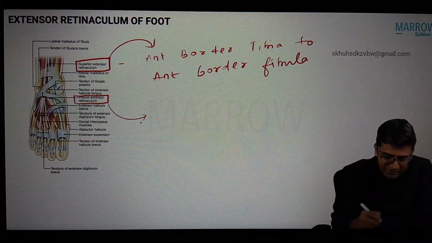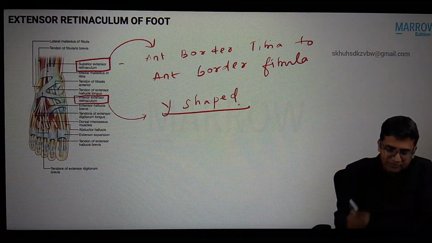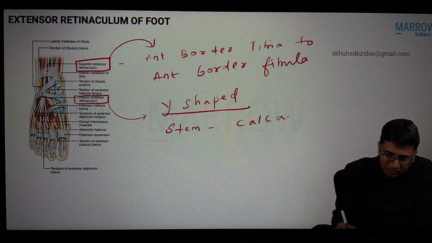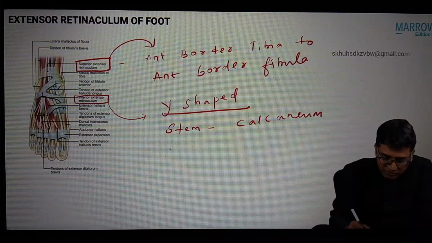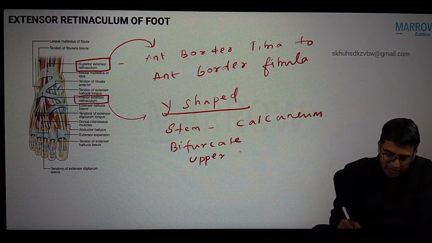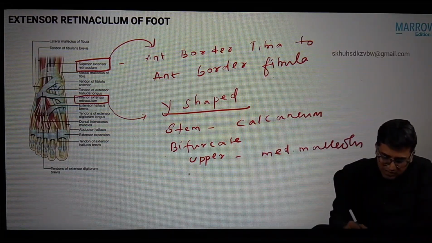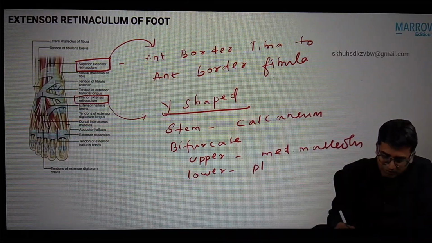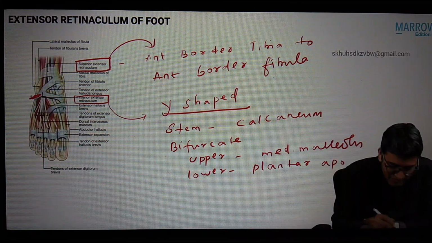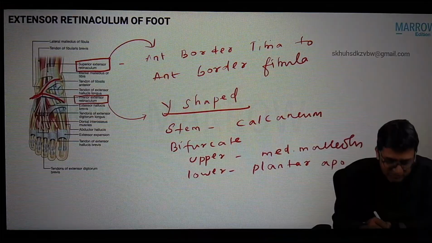Now, the inferior extensor retinaculum is a Y-shaped band. The stem of the Y-shaped band is attached to calcaneum bone and it bifurcates, the upper band attached to medial malleolus, and the lower one blends with plantar aponeurosis.